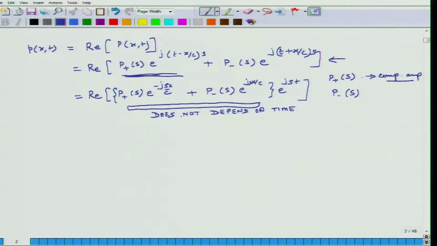So this entire term could be rewritten as another complex number which is a function of x and s, and we can call this p of x and s the complex amplitude of the time signal.